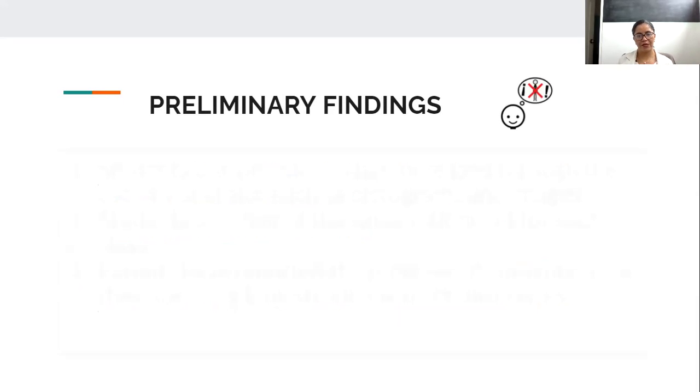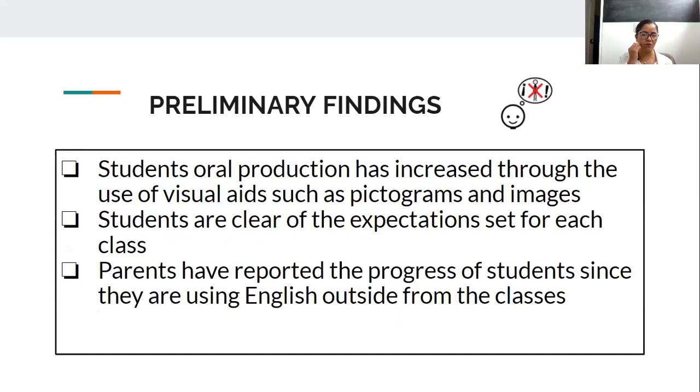Now, the preliminary findings, some more. Students' oral production has increased through the use of visual aids such as pictograms and images. In fact, I also implemented sign language, but that is something that is going to come at a later stage. Students are clear on the expectations set for each class.